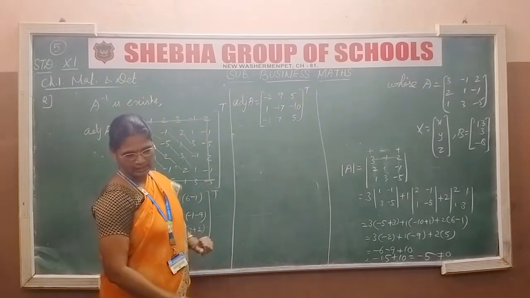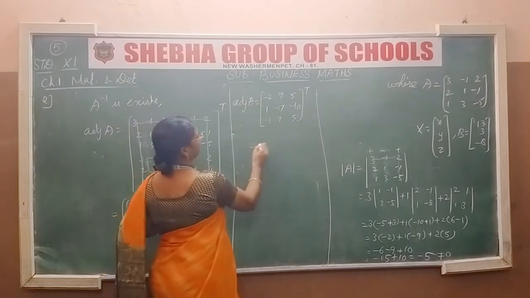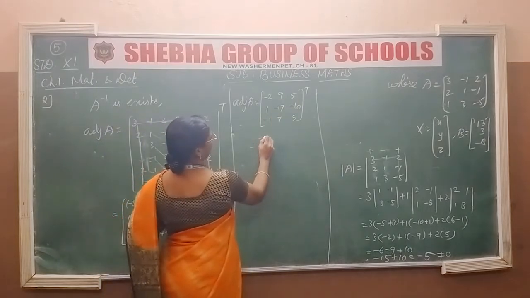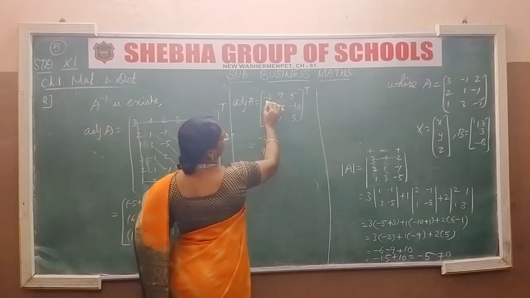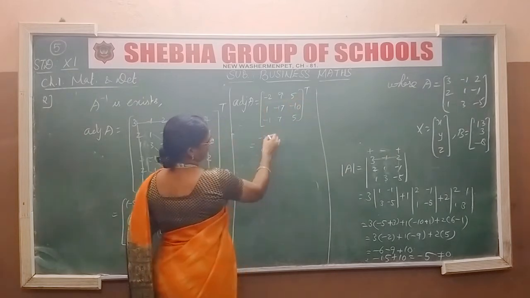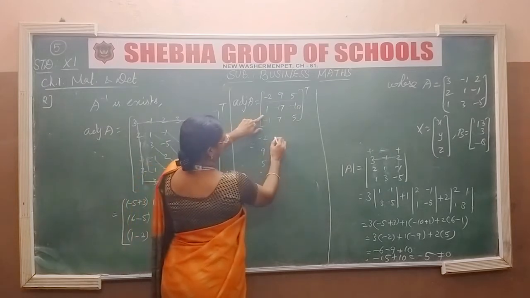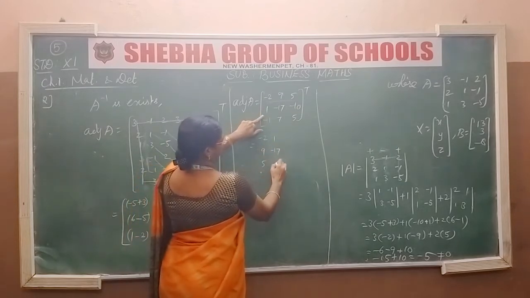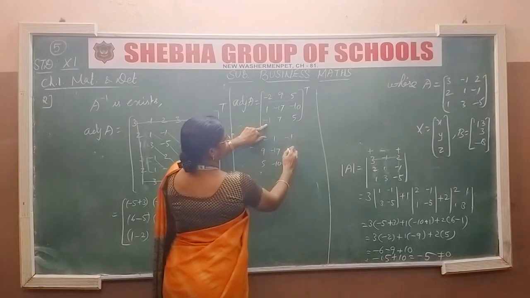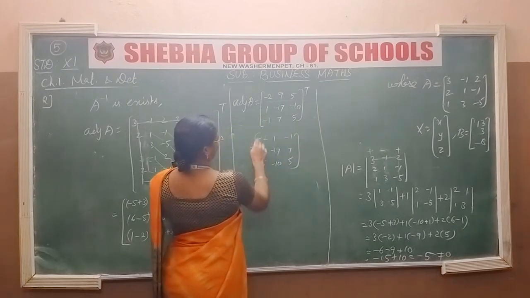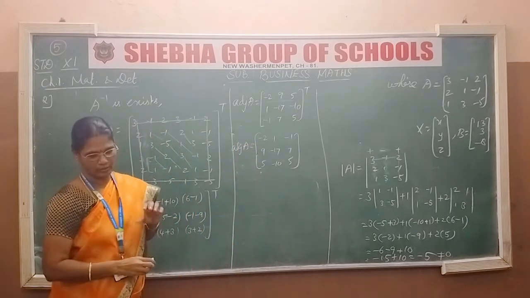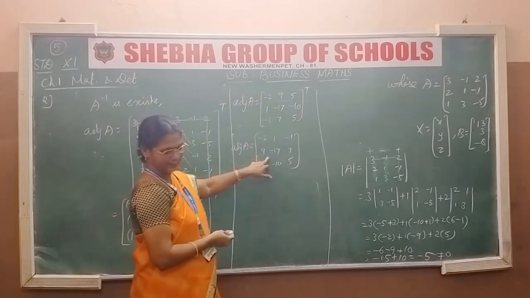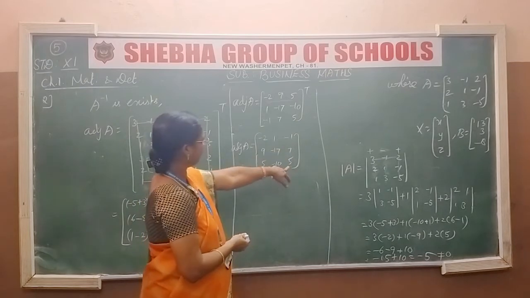Okay, this is our adjoint of A. Transposing this we get minus 2 9 5. Okay, we rewrite these rows into columns. Next row into second column and third row into third column. This is our adjoint of A. Okay, minus 2 1 minus 1, 9 minus 17 7, 5 minus 10 5.